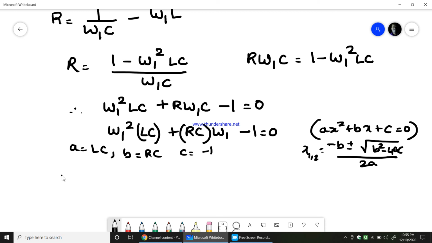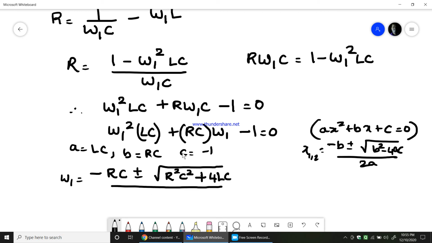Therefore omega 1 would be equal to minus b, which is minus RC, plus or minus root of b square, which is R square C square, minus 4 into a into c. So minus of minus 1 is plus 4 LC, the whole thing divided by 2 times a, which is 2 into LC.